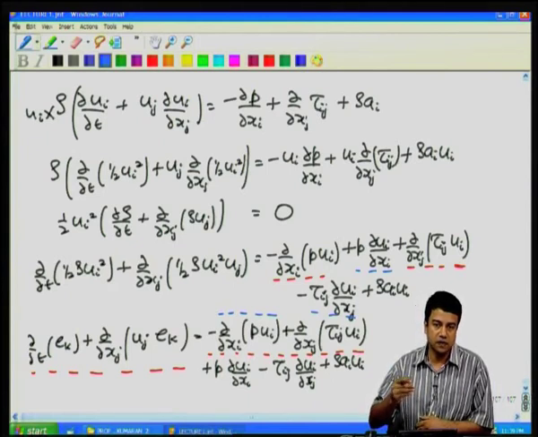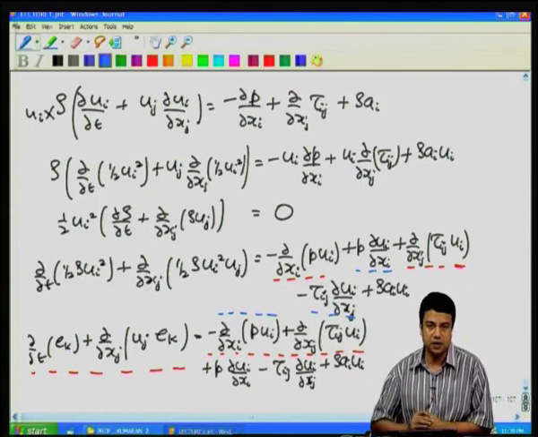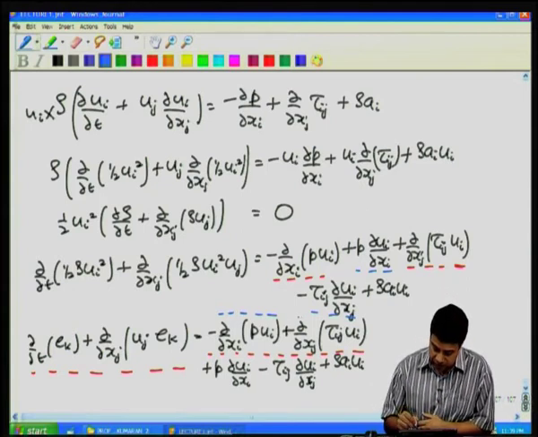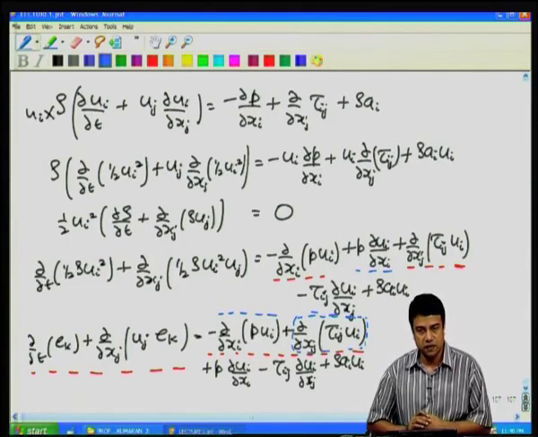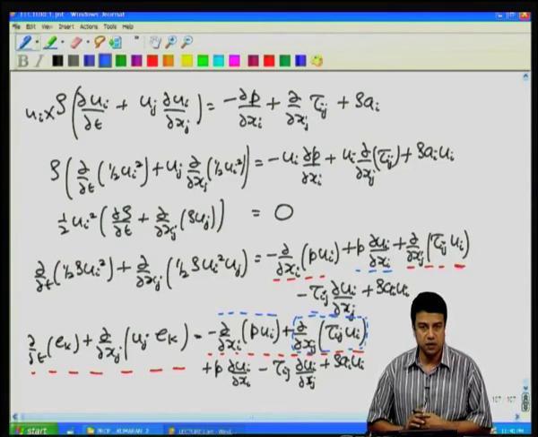This second term is the surface work done by the shear stresses. The divergence of tau dot u integrated over the volume is equal to n dot tau dot u integrated over the surface.